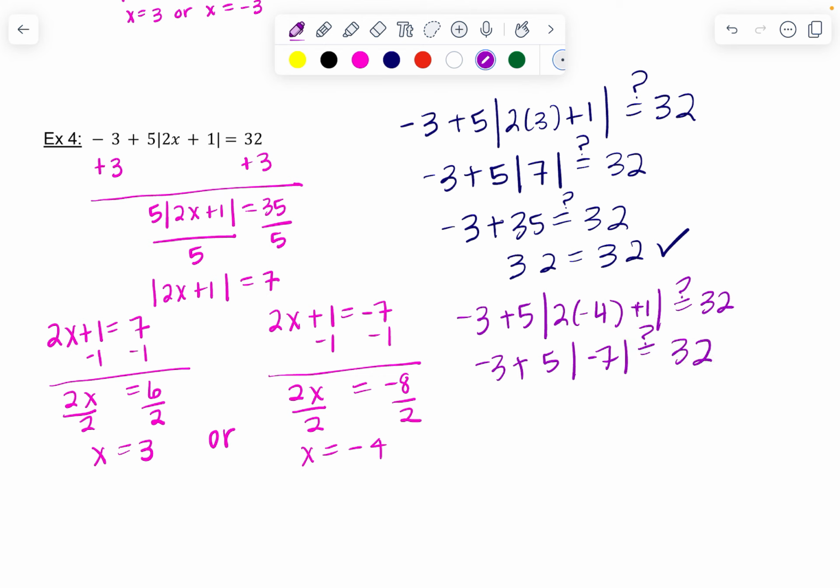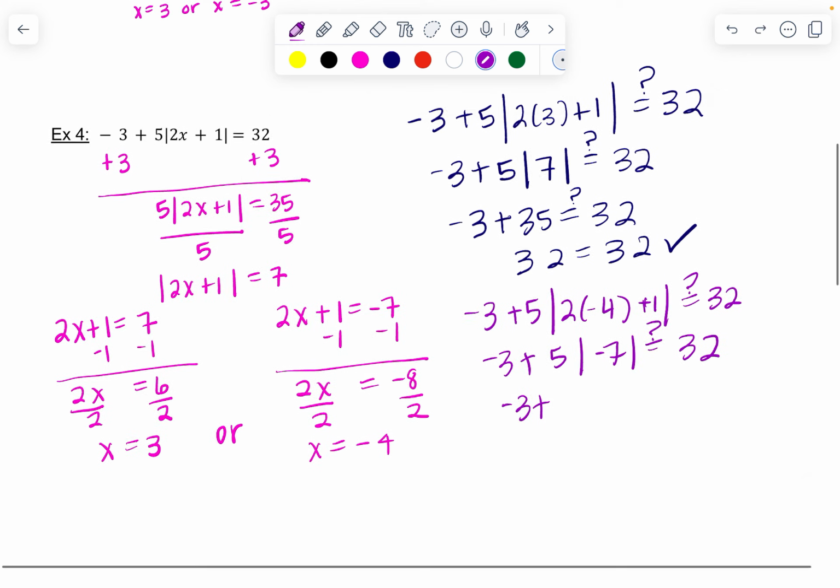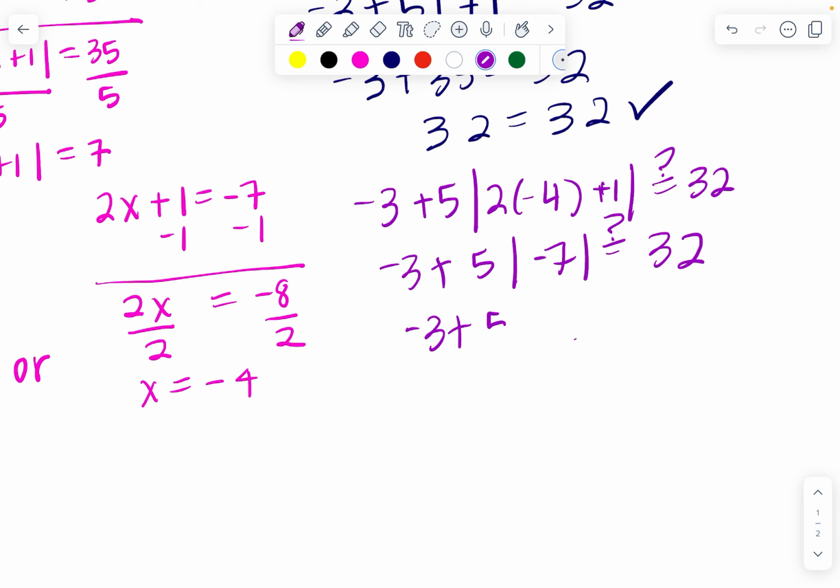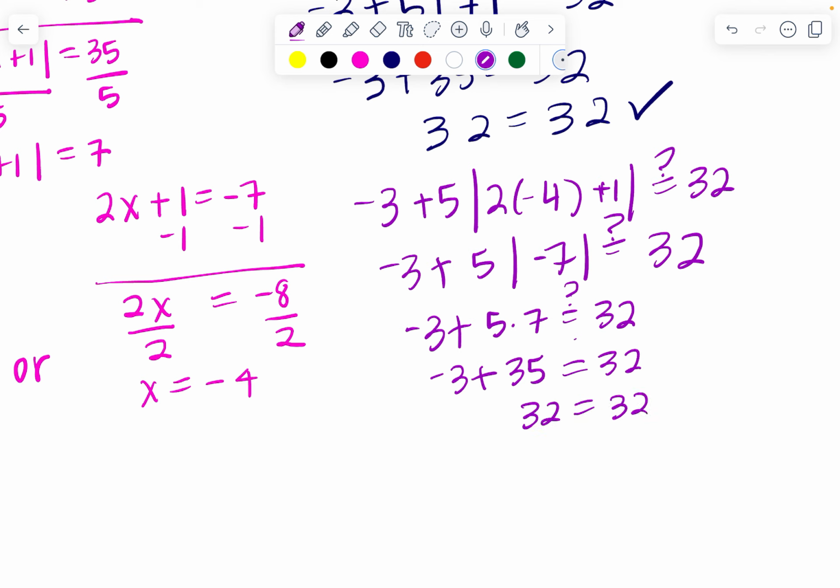The absolute value of -7 is +7. So I have -3 plus 5 times +7, which again gets us to -3 plus 35, which we know is equal to 32.